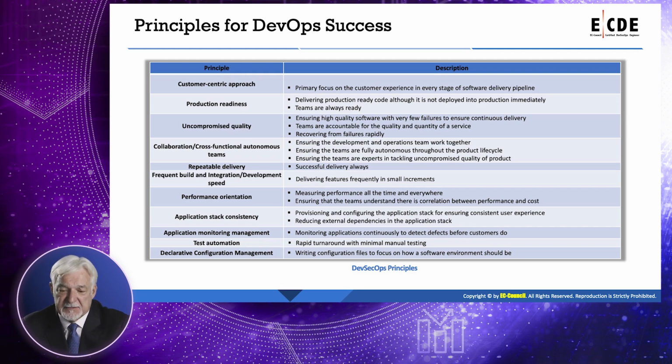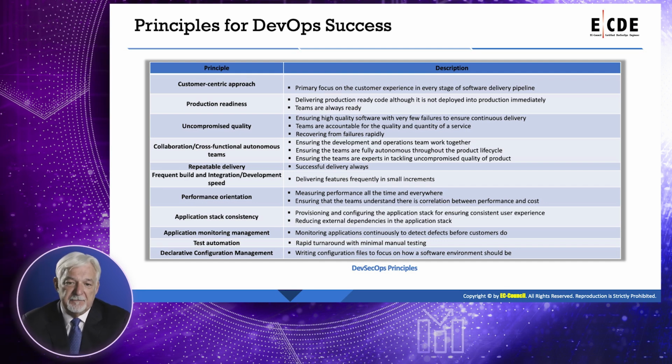Application stack consistency. Here we're talking about provisioning and configuring the application stack for ensuring consistent user experience. We're also wanting to reduce external dependencies in the application stack where we can, to create efficiencies. With application monitoring management, we want to monitor applications continuously to detect defects before customers detect them and report them back to us.